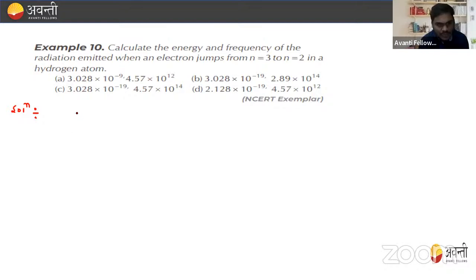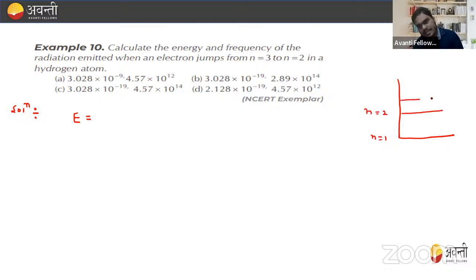So how will you calculate the energy? First of all, when the electron jumps from N3 to N2, let us assume this is N equal to 1, this is N equal to 2, and this is N equal to 3. Now, the electron jumps from N3 to N2.